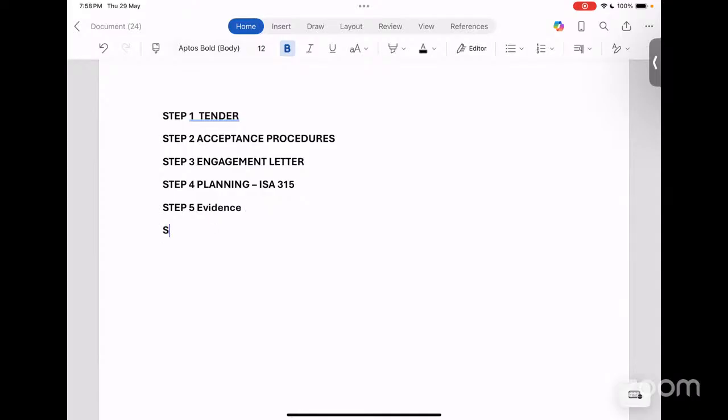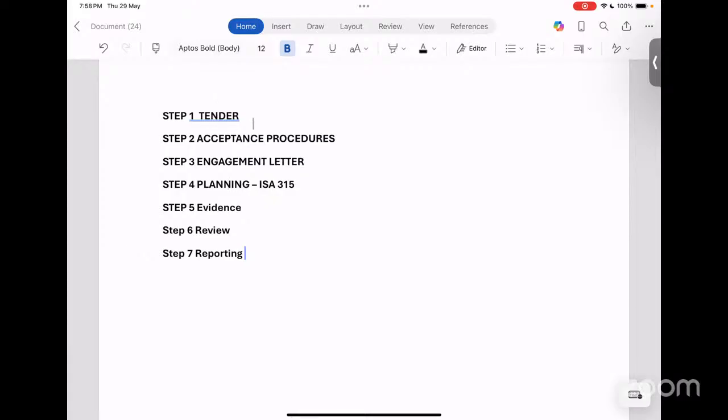Step number 6 is to review what you have done. Every senior is going to review the work of the junior and see whether the evidence collected is appropriate or not. Then step number 7, you do the reporting to the users of audit reports. Maybe the general public, you issue an audit report, you sign an audit report. So these are the steps of the audit process.